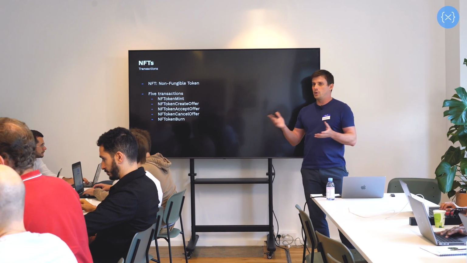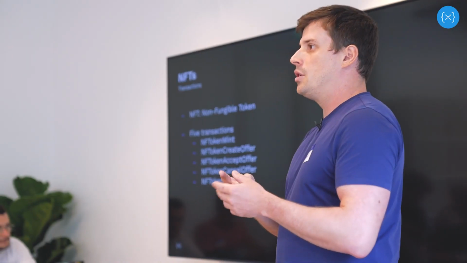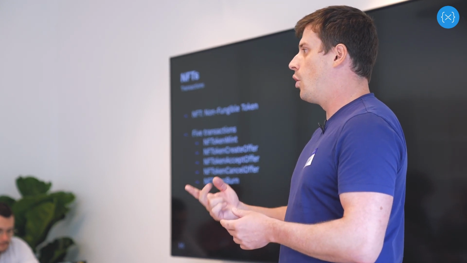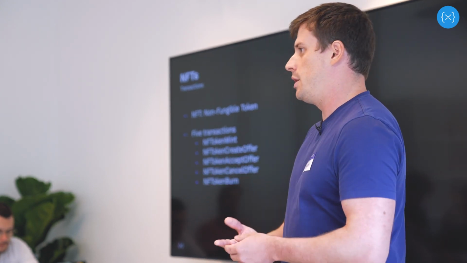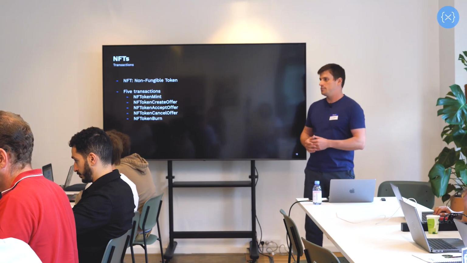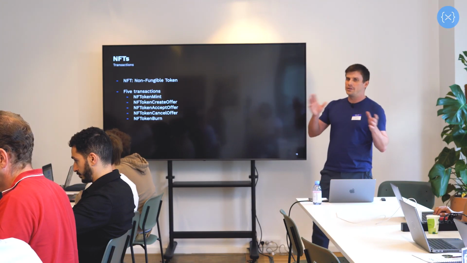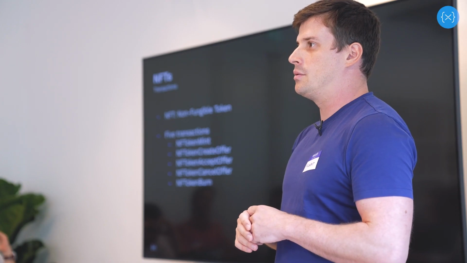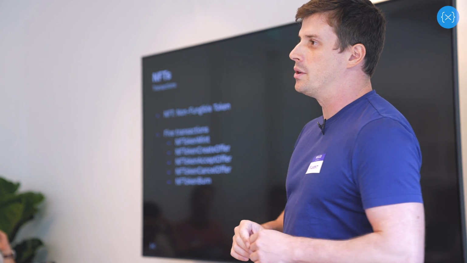With this, we have 2 possibilities: either the original minter of the NFT can do it, or the owner of the NFT, if it has been sold to someone else. And this capability can be enabled or disabled inside the transaction. I think it's in NFTokenMint that we can specify that option.